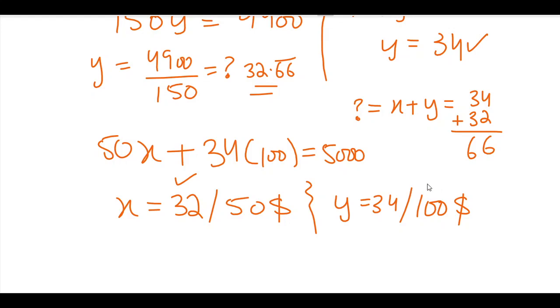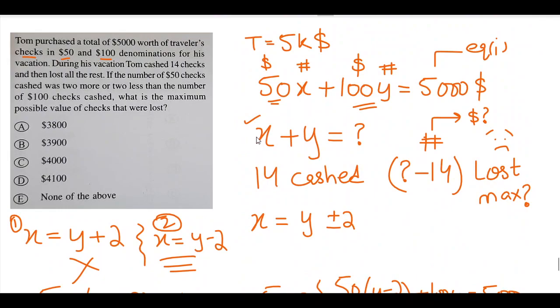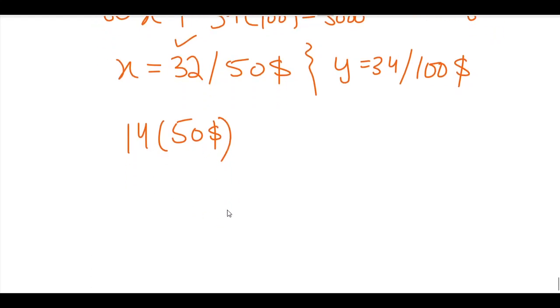Okay. So now I need to cash maximum x worth checks, right? So 14. Let's take all those 14 from 32, which are going to be 50 worth cash. So if I multiply this, it's going to be 14 times 50, so 700.